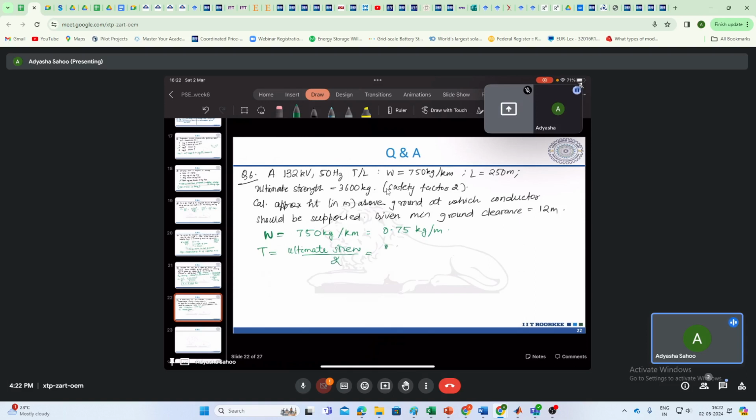So that is 1800 kg. So sag is WL square by 8T, 0.75 into 250 square, 8 into 1800.